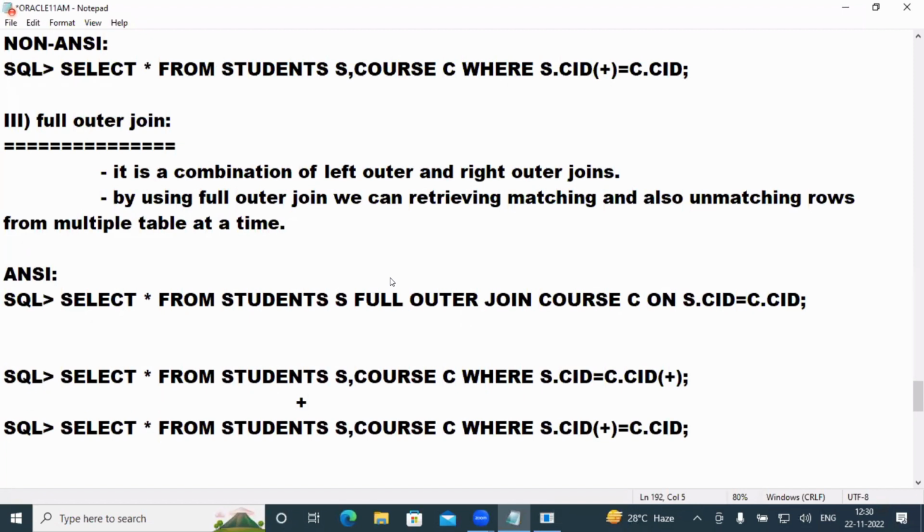Combined means, do you have any operators we discussed to combine two select queries? Is there any operator? Very good. The union operator is there. Set operator union. So I want to use union here.